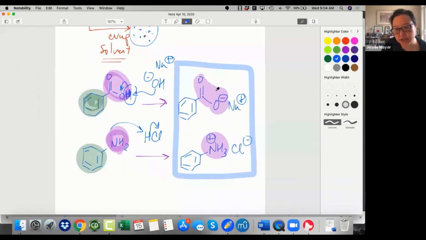The charge causes these to be in the water layer because of the strong ion dipole forces with water. So I'll just draw that in. You guys could probably picture water bonding to these charged pieces here. These are the attractions to water that might form and help it dissolve.